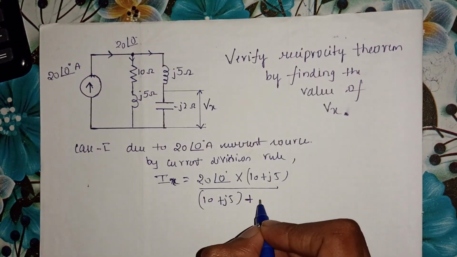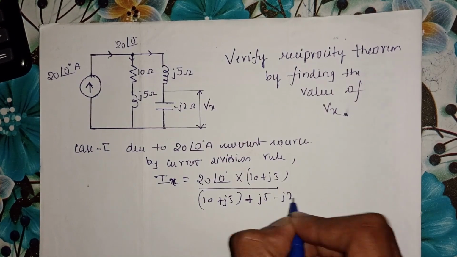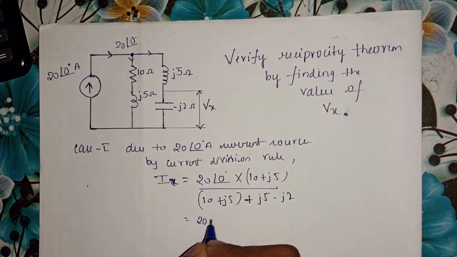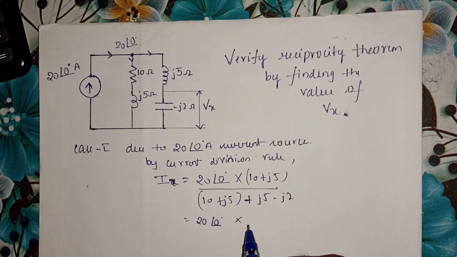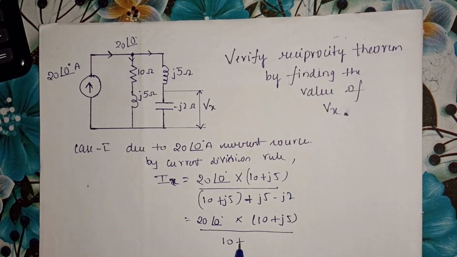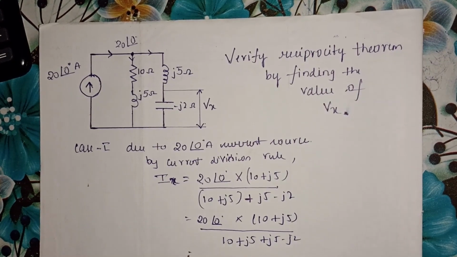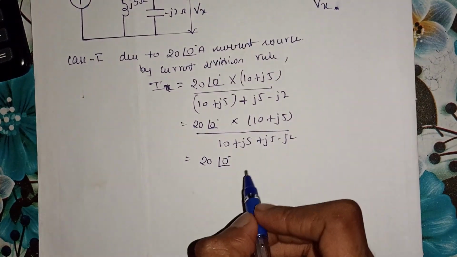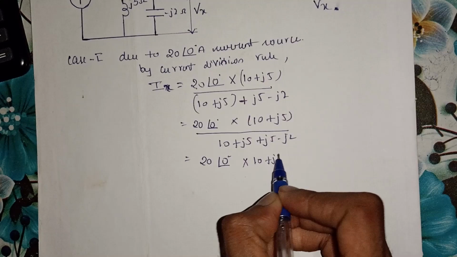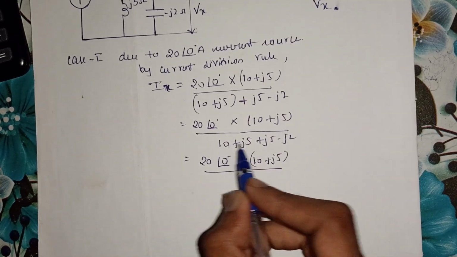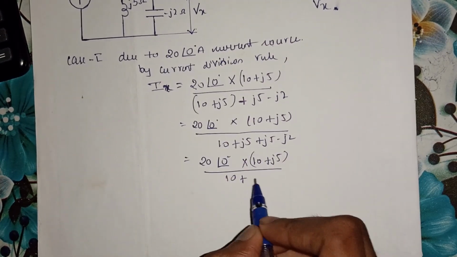That gives 20 at an angle 0 multiplied by (10 plus j5) divided by (10 plus j5 plus j5 minus j2), which is (10 plus j5) divided by (10 plus j8).